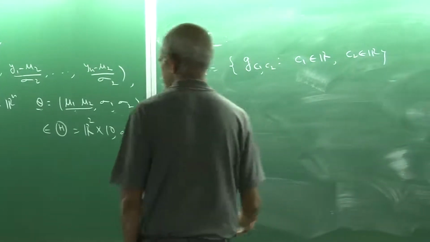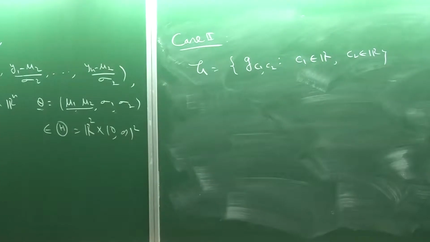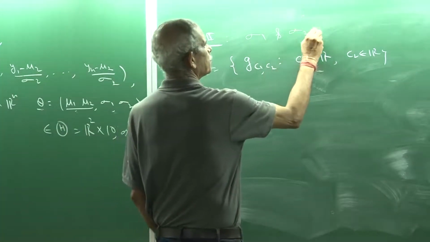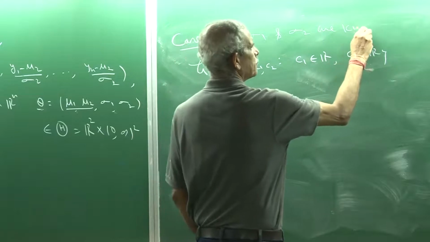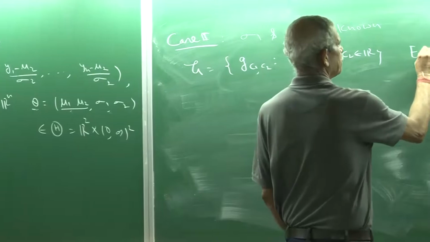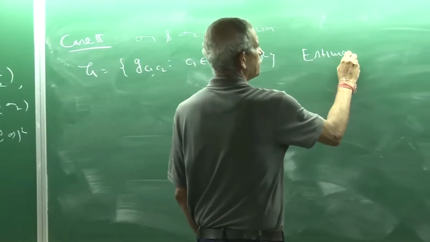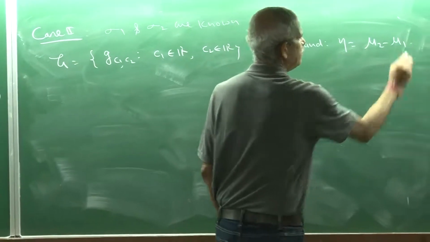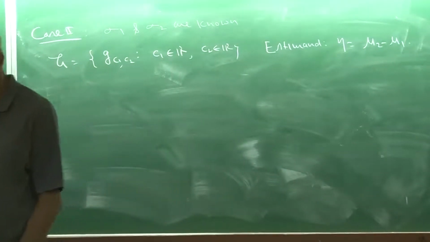So this is a situation where you are interested in a probability model where sigma 1 and sigma 2 are known. And your estimand is eta, let us say, the difference of the means, mu2 minus mu1.